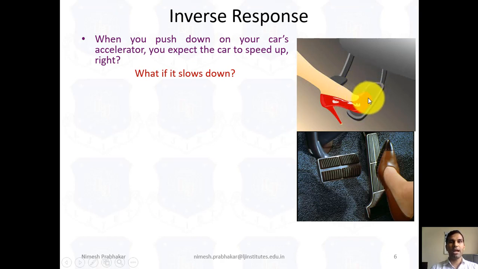That means we try to increase speed, so we push the accelerator, but actually it acts as the opposite. The car speed is reduced when we push the accelerator, and on the opposite side, when we leave the accelerator, at that time the car speed is increased.